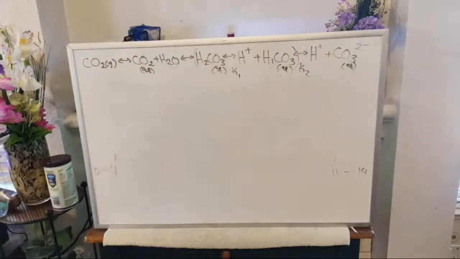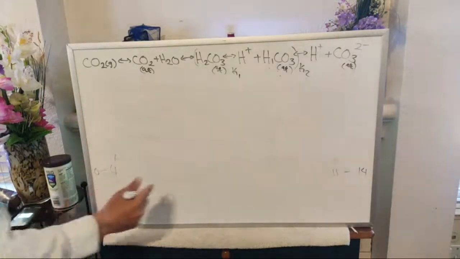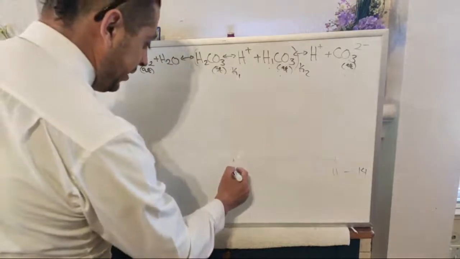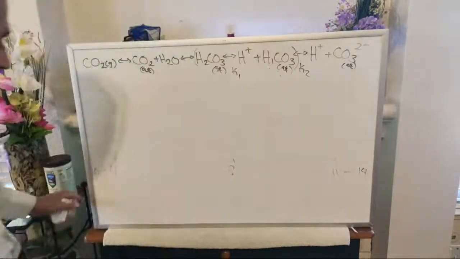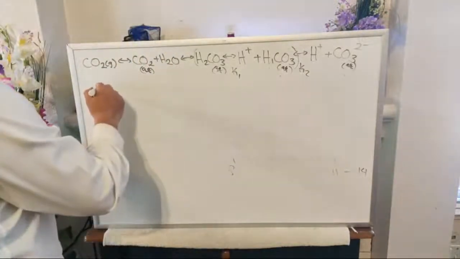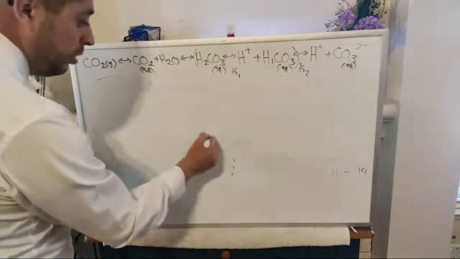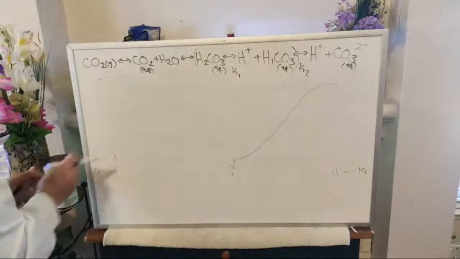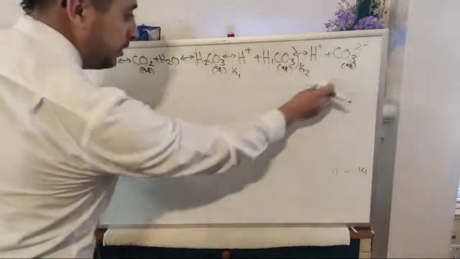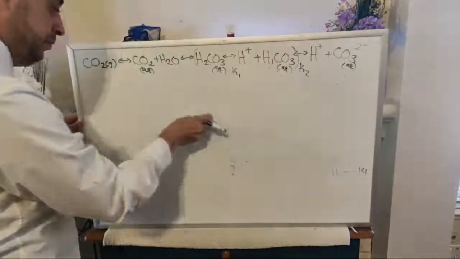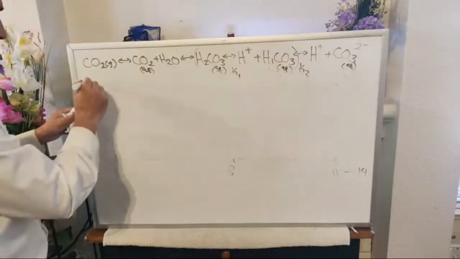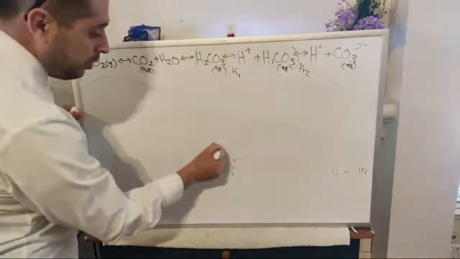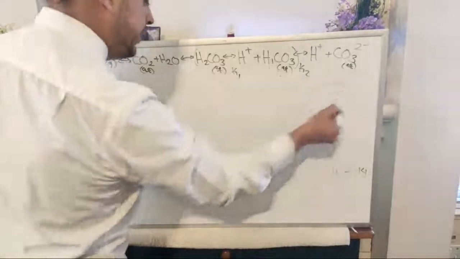What's the center? Around 8. So we're gonna call this around 8 right here. Somewhere in the middle. I think that's the middle. That's terrible right there. Well, anyways, you guys get the point.